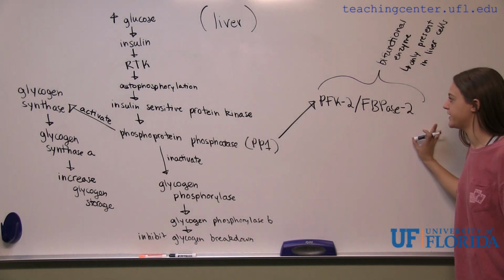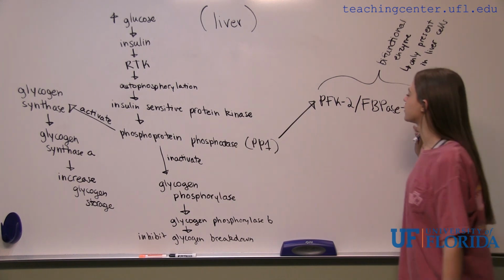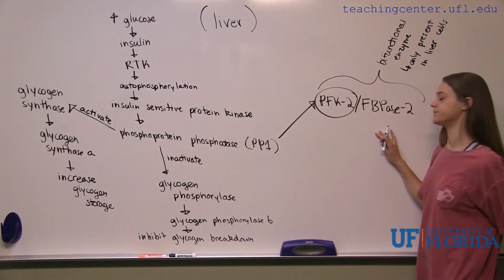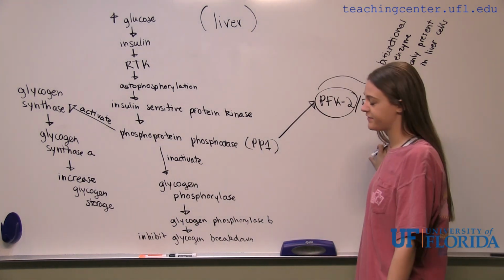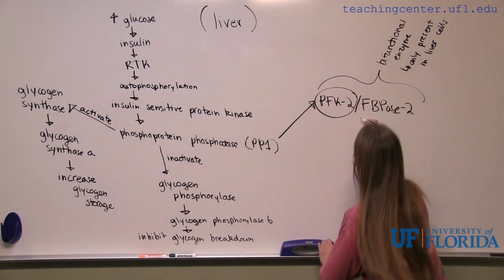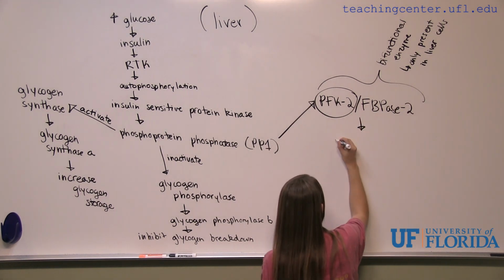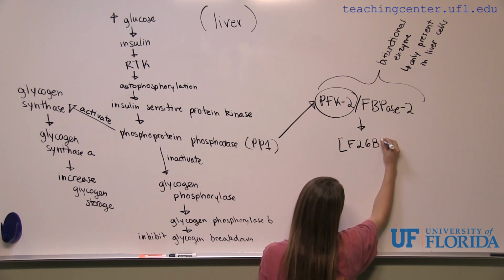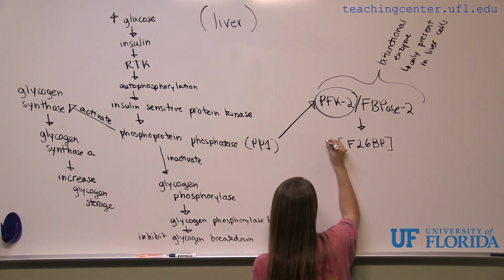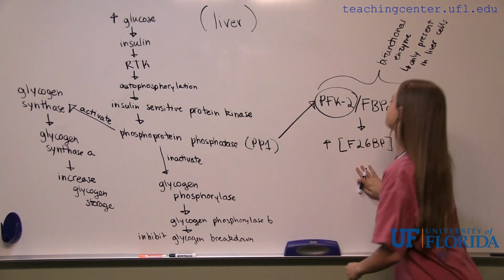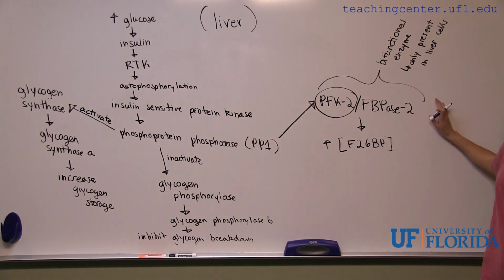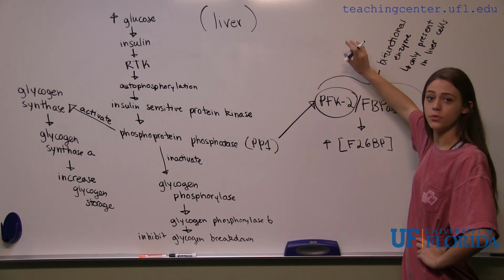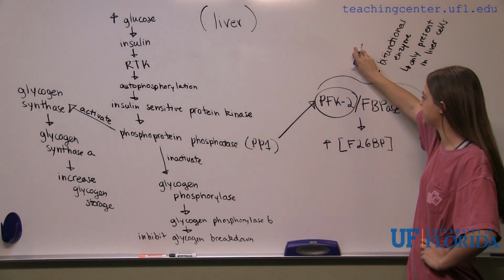When you remove a phosphate from this bifunctional enzyme, you are going to be activating PFK2. And when you activate PFK2, you're going to increase concentrations of F26BP. So you're going to increase that concentration because this bifunctional enzyme works to transfer so we have a fructose 6-phosphate up here.